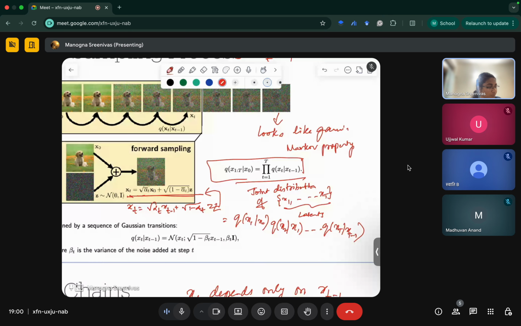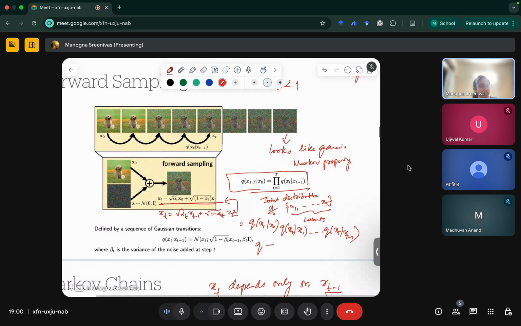And what is this q? Is this an encoder or decoder? I mean, is q modeled as an encoder or decoder? In which direction are we going? Encoder, right? Because I'm going from the current step to the next step, so it is modeling the encoder.